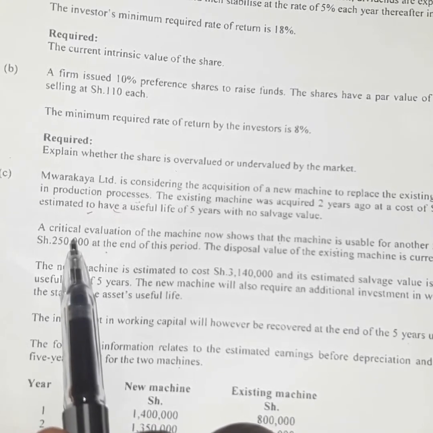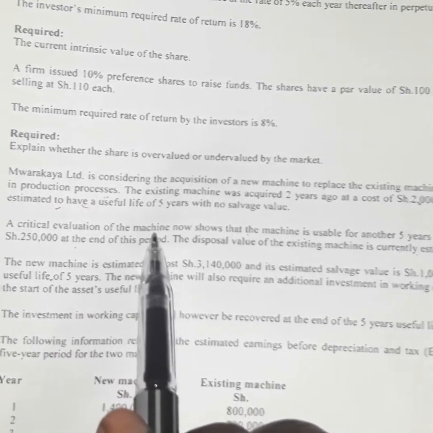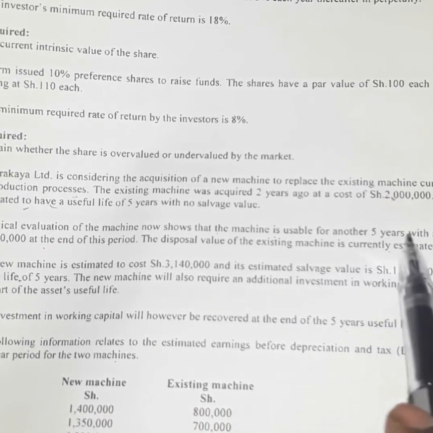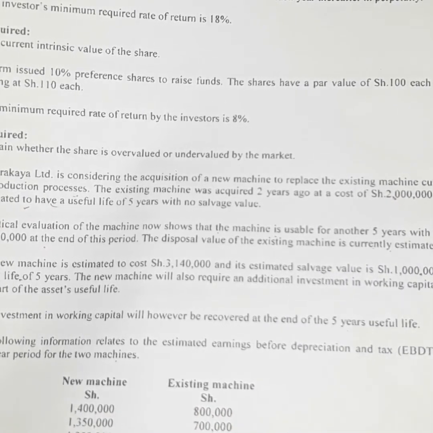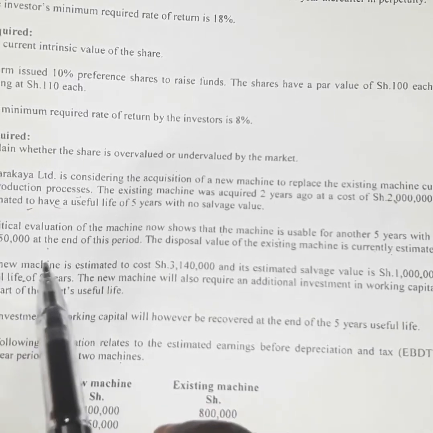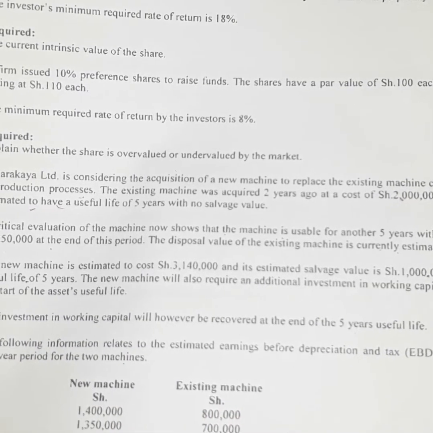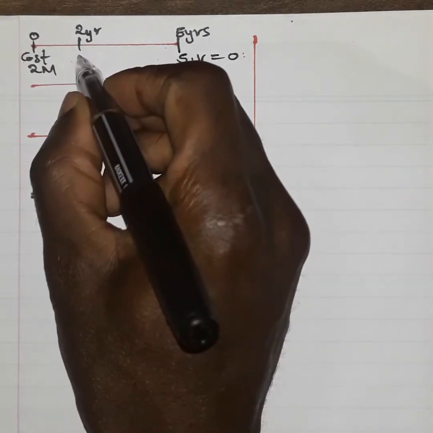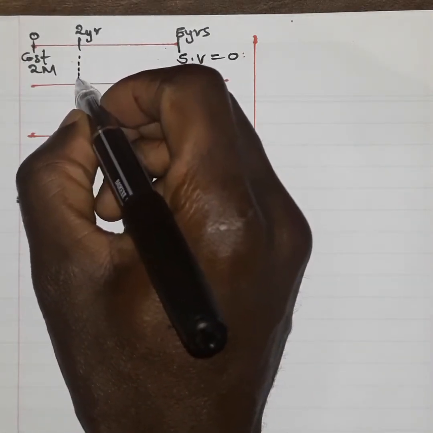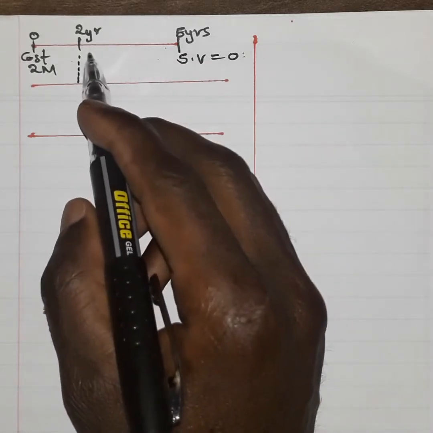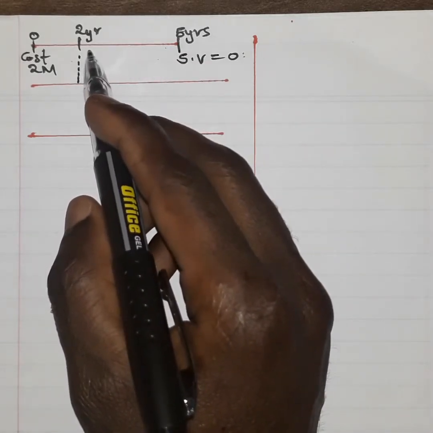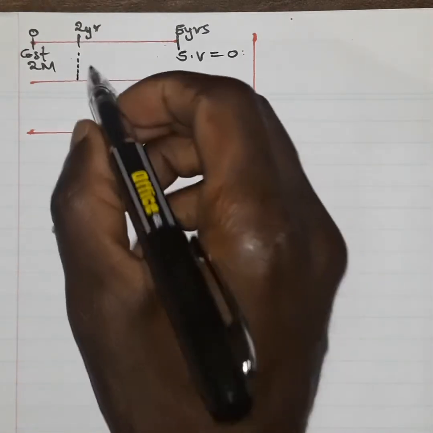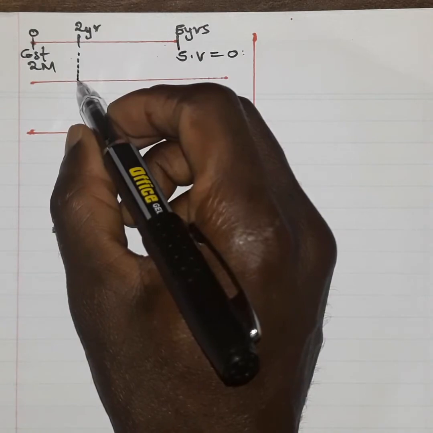A critical evaluation of the machine now shows that the machine is usable for another 5 years with a salvage value of 250,000 at the end of this period. So at year 2, when the company is considering replacing the old machine, upon reevaluation it is discovered that from year 2 the machine can be used for another 5 years.